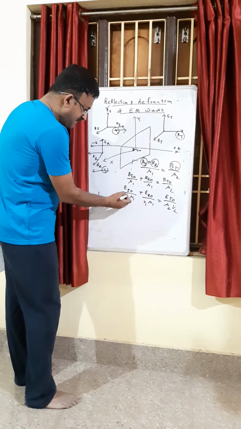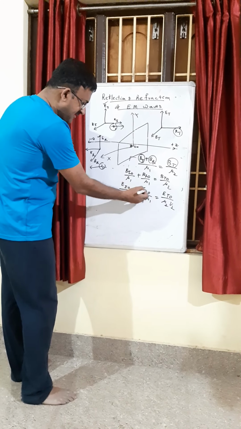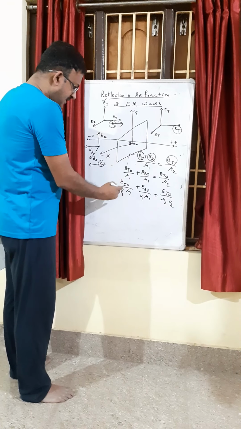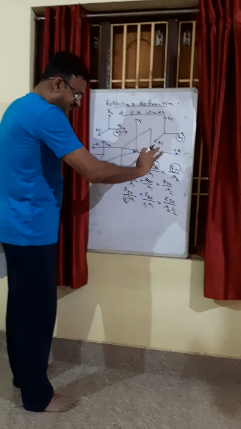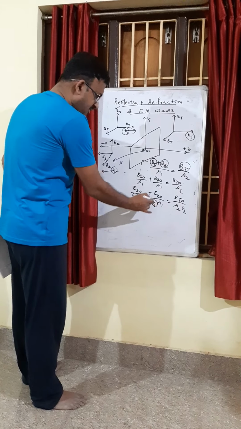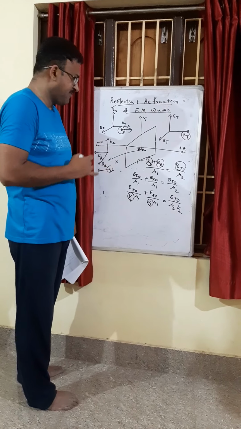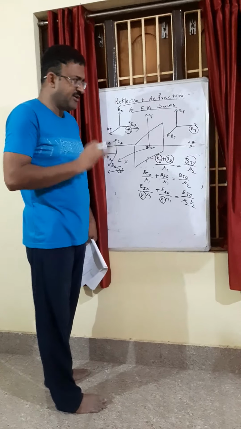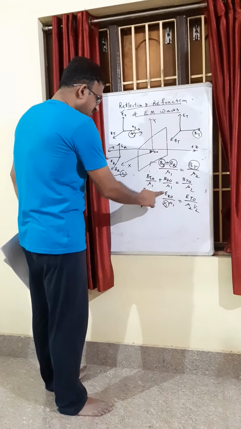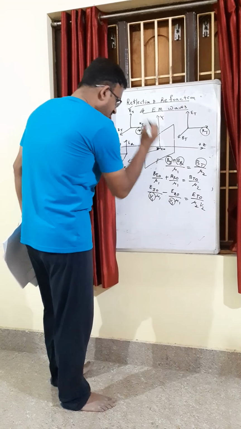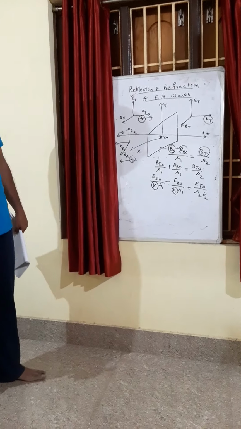But what happens here? This is the incident part and this is the reflected part. This V1 is the velocity of the electromagnetic wave for the incident part, and this is the velocity for the reflected part. We have to take the directions into account. These two are in opposite directions, so your actual equation will have a minus here.